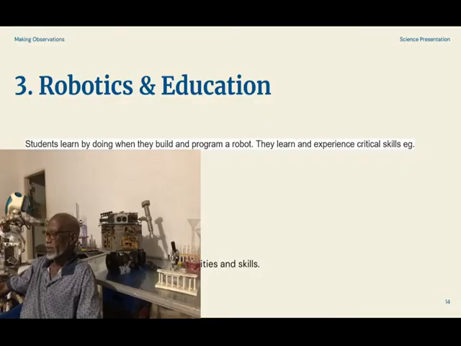Okay, what this is telling me is STEAM, STEAM, STEAM: science, technology, engineering, art, and math. Or STEM: science, technology, engineering, and math.